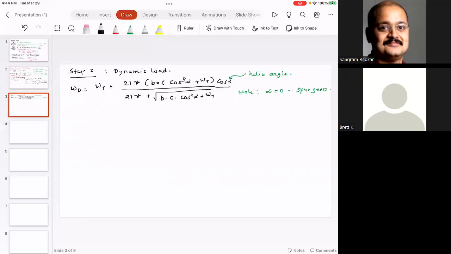Step 3. So we have to find out static load. Ws is equal to sigma E times B pi times M times Y prime. Now sigma E is the endurance limit.